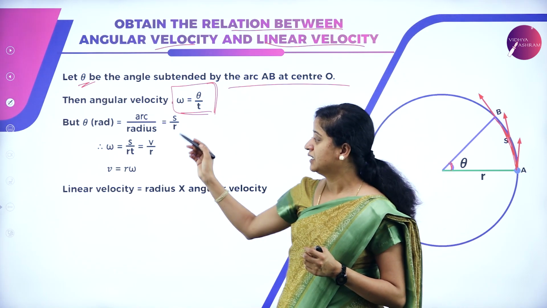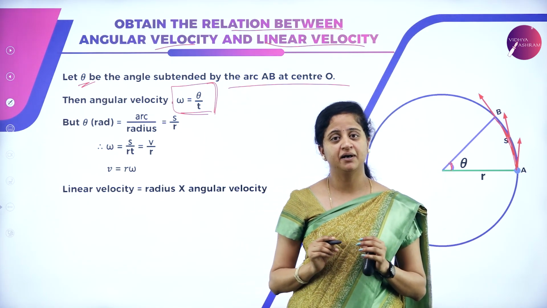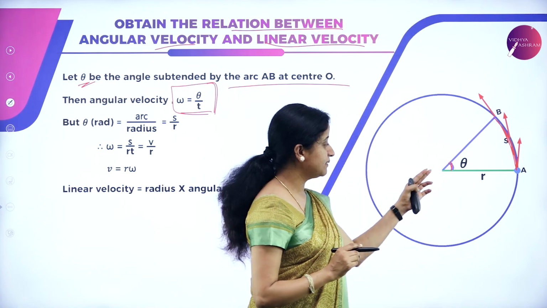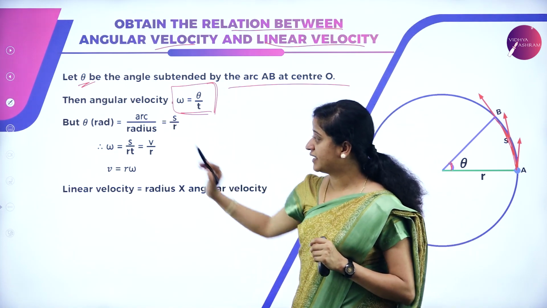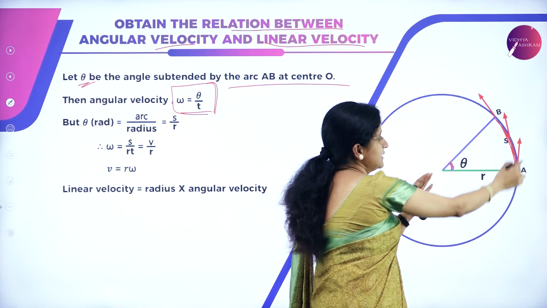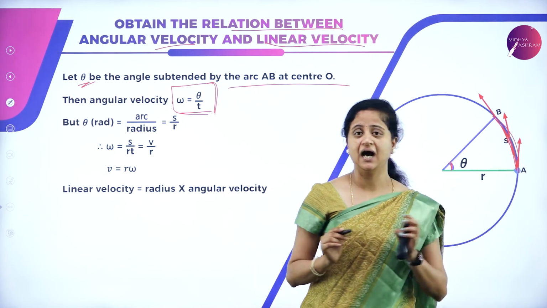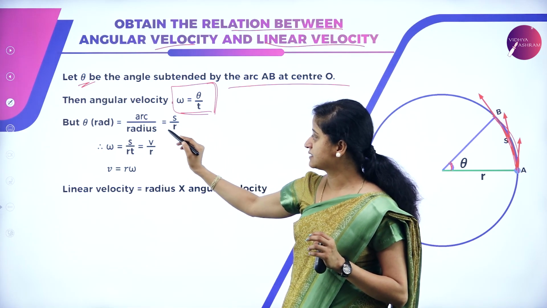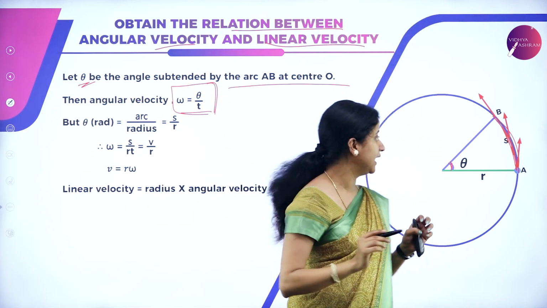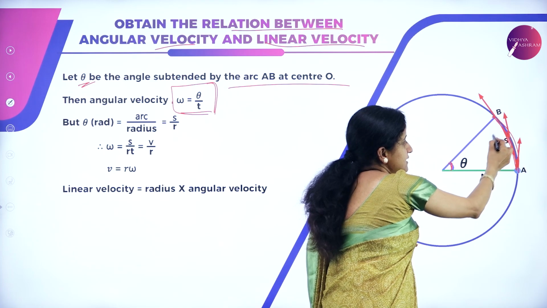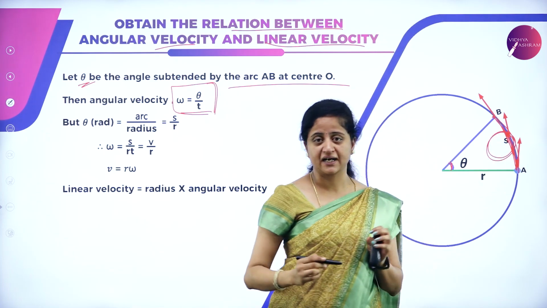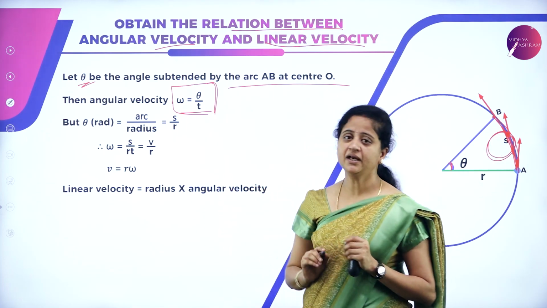Theta is nothing but the arc divided by the radius. Here in this example, the arc is AB and the radius is r. AB is denoted by s in the given diagram, so theta is s divided by r.